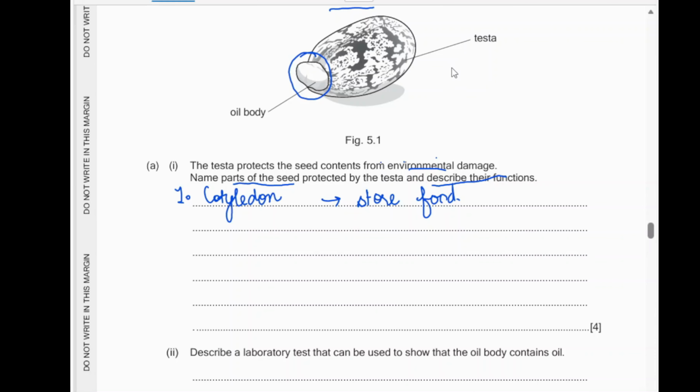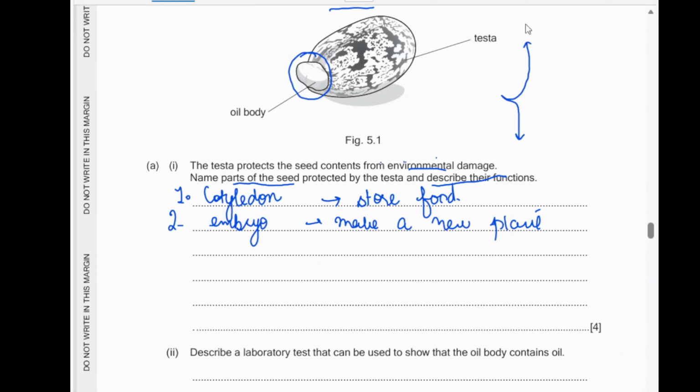When you open up the seed, the part that stores food is the cotyledon. So you can write about the cotyledons. Moreover, it grows into the embryo, which makes a new plant. Number three, from the seed, there is one thing that goes up and the other thing that goes down.